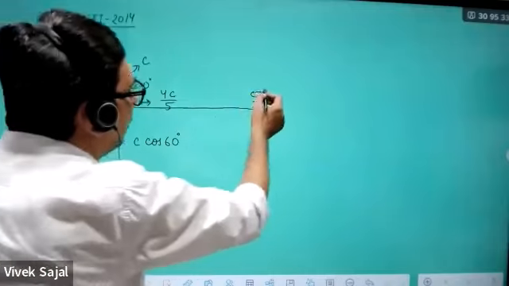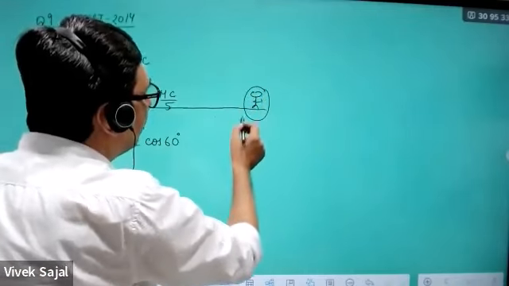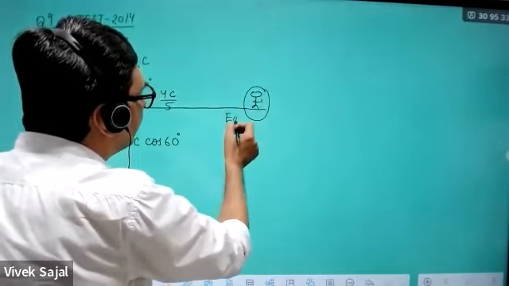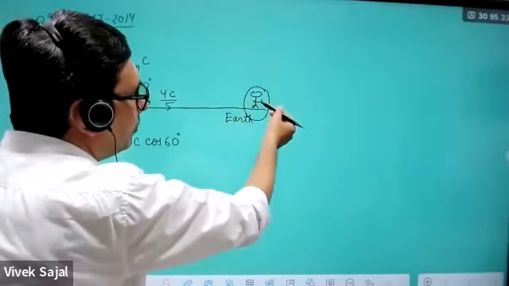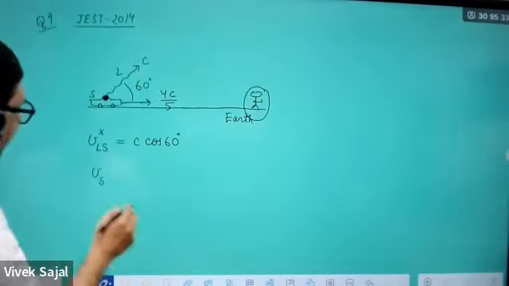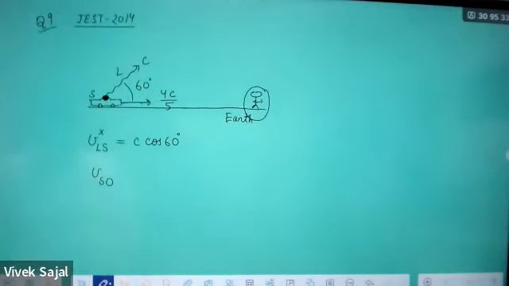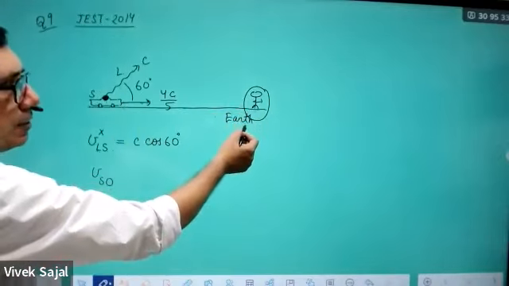Try to understand where the observer is standing. Observer is standing on the earth. Earth and observer are same, so frame of the observer or frame of the earth is same. So I'm writing observer.